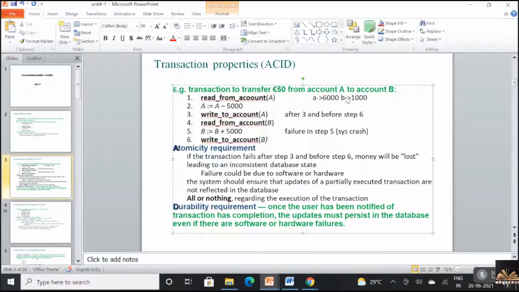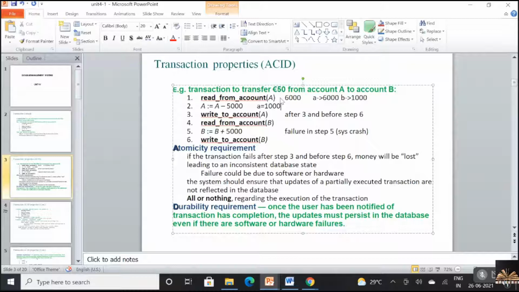Now I'm reading the A value, and I'm getting 6,000. Then A = A - 5,000, so I'm just calculating the value of A as 1,000 over here.